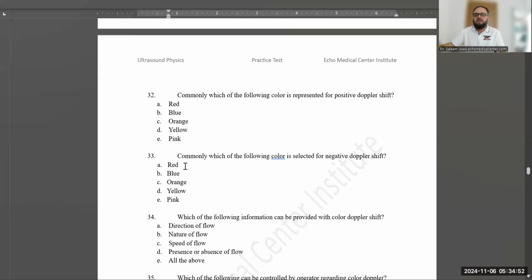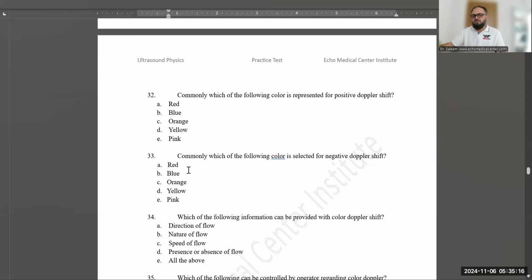A is the correct answer. Commonly, which color is selected for the negative Doppler shift? Same question, but this time for the negative Doppler shift. Absolutely agree. Blue is internationally accepted as negative, because the flow is going away from the source.